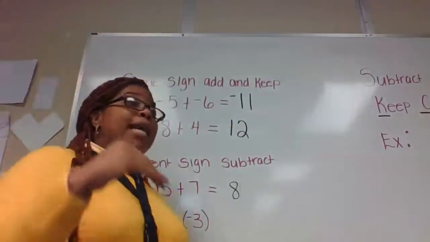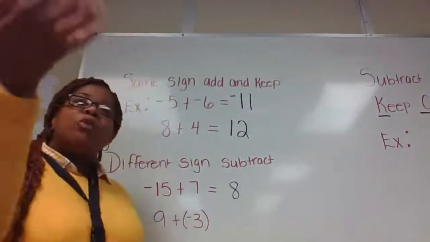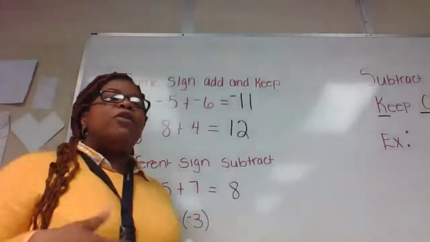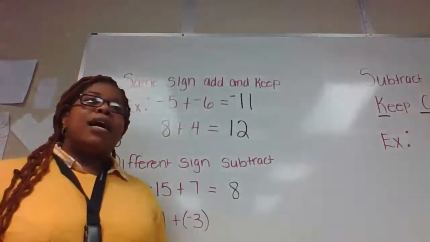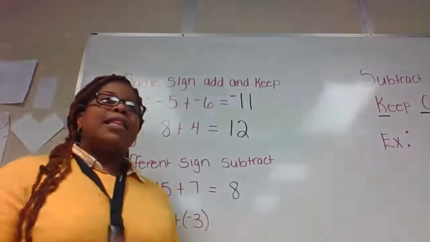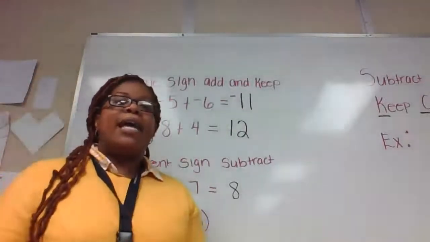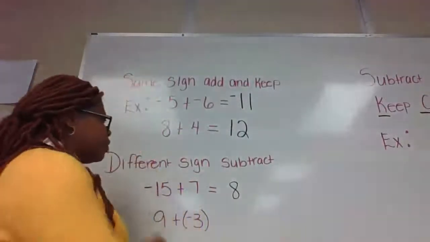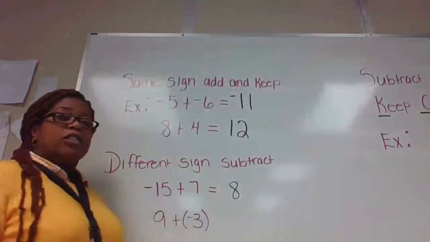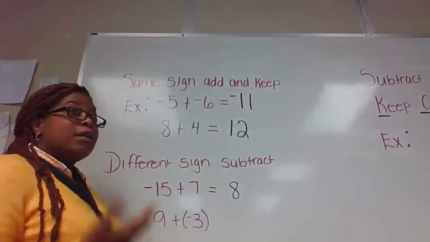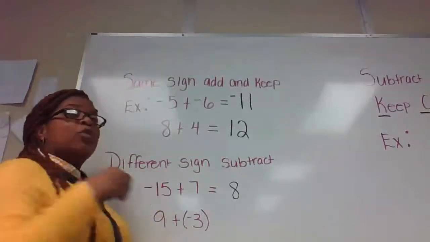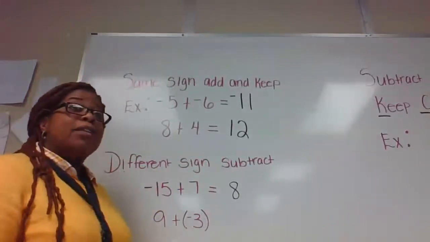And if you look at the next line of your song, I didn't write it because you all have it in your recipe books. But if you look at the next line of the song, it tells you, take the sign of the larger number, then you'll be exact. And what that means is we're going to look at both numbers and we're going to determine which number is larger. In this case, 15 is larger. So we're going to take the sign of the larger number.